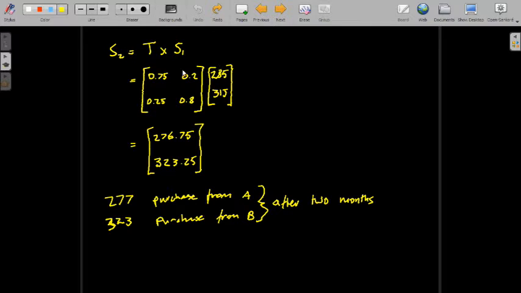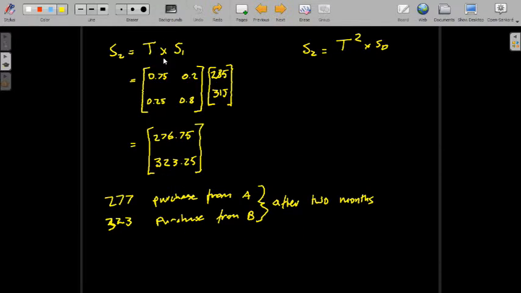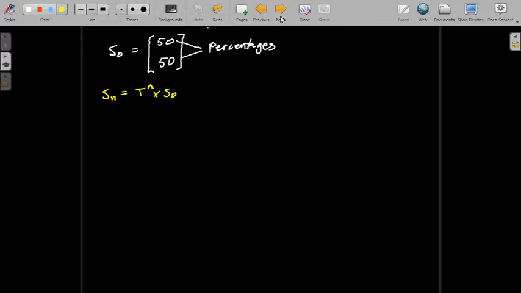Basically what we're saying is, from part A, I could have worked out S of 2 simply as T to the power of 2 times S0, because we're multiplying by T twice, so we get squared, and what's left over is S0. So that's our recurrence relation.